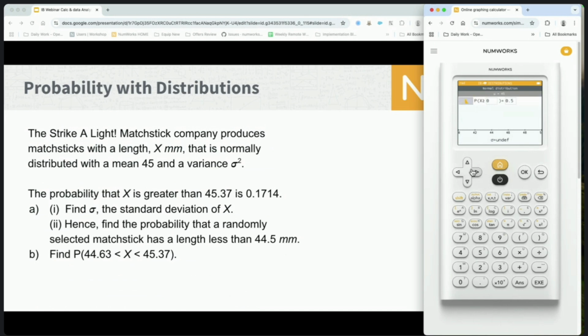I think of this as the score box, and this is the proportion box. It told me that with that score, the proportion that's greater is 0.1714. And it will then give me the standard deviation down here at the bottom.